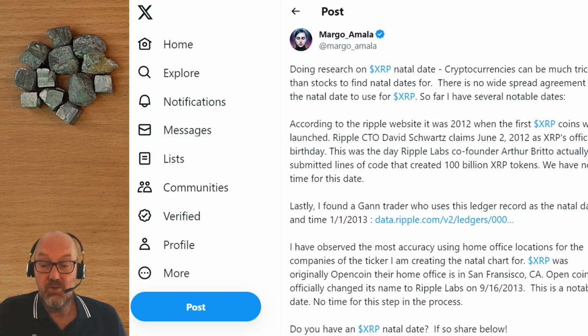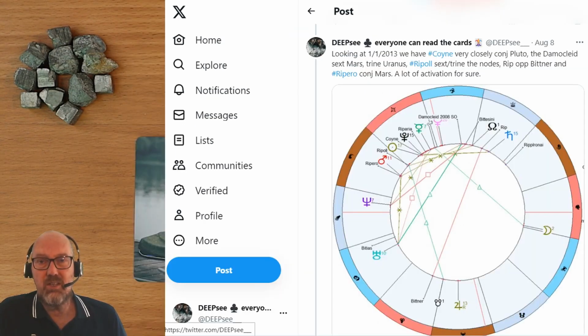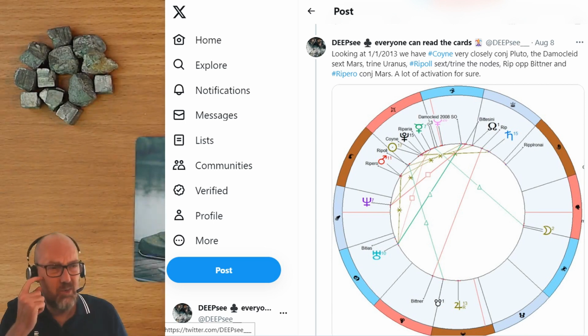And using the asteroids for Ripple, for XRP, which are very easy to spot, within 2 minutes you see the difference between the various dates that Margot was proposing, and I could immediately say to her with a high confidence that one date had the best characteristics. That was, let me check, the 1st of January.